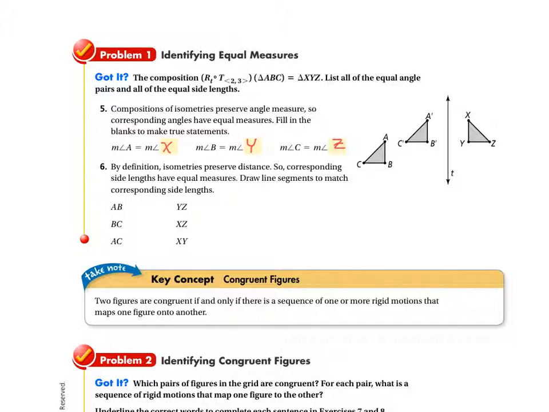Draw line segments to match the corresponding side lengths. So side AB corresponds to what side? XY. And then BC corresponds to what side? YZ. And so that leaves AC corresponding to XZ.